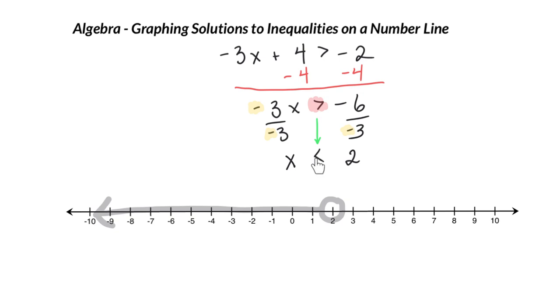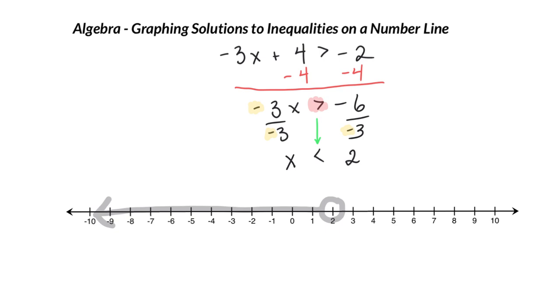If we had forgotten to reverse our inequality, let's say we'd accidentally shaded up here, what if we'd plugged in 4? Negative 3 times 4 is negative 12. Negative 12 plus 4 is negative 8. That isn't bigger than negative 2. And that's why we had to do that, because plugging in these values up here would get multiplied by a negative, and that flips us to the other side of our number line.